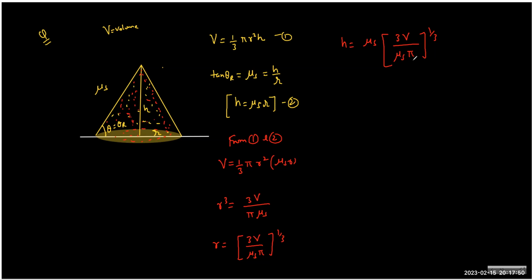That's a very interesting experiment you can do to find mu s. And then you can guess the height if you pour this much salt, and match it with the formula. That will be really fun if you perform things like that. Okay, up to you.